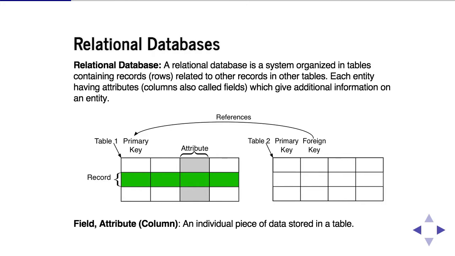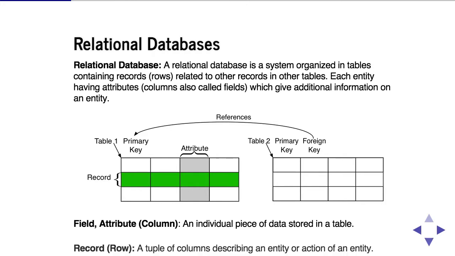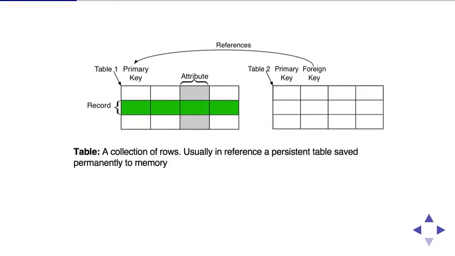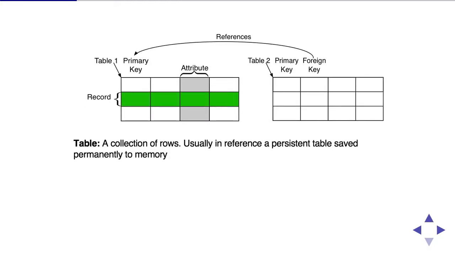The field is an attribute, an individual piece of data, so the column, and the row is basically a set of columns describing an entry, usually an observation or something like that. So a table is a collection of rows.